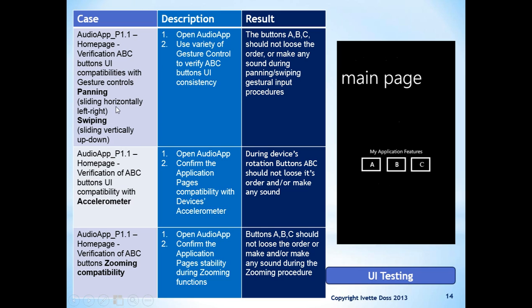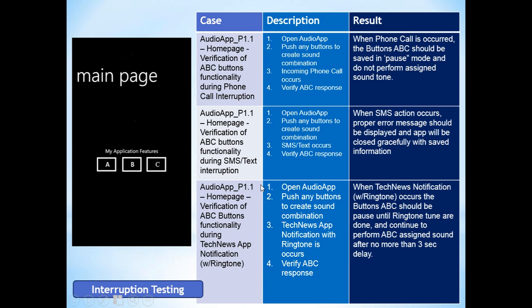So I hope you will take the time to check against the test case title and description when you have time. For interruption, again, very simple test cases for verification of ABC buttons functionality during phone call interruption, or ABC buttons functionality during SMS text interruption.